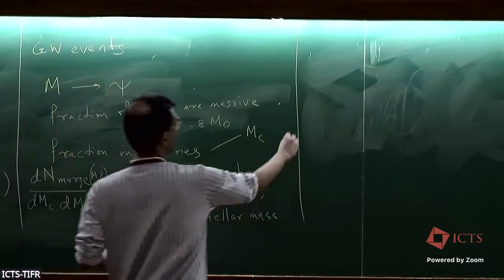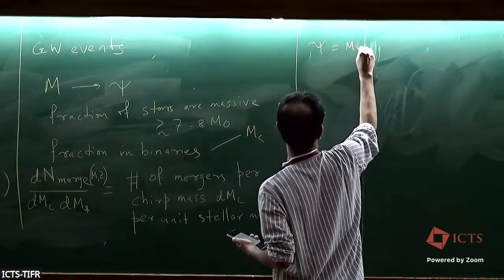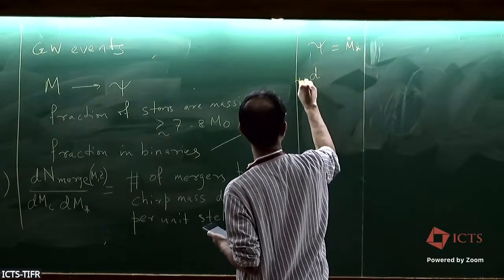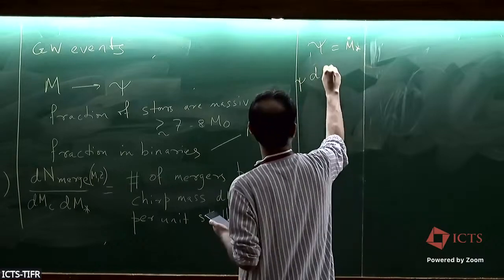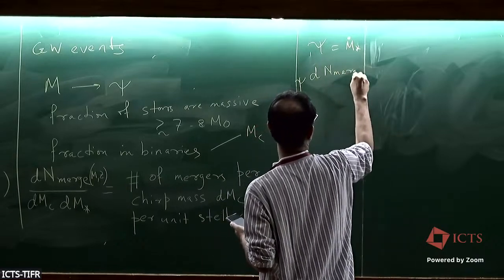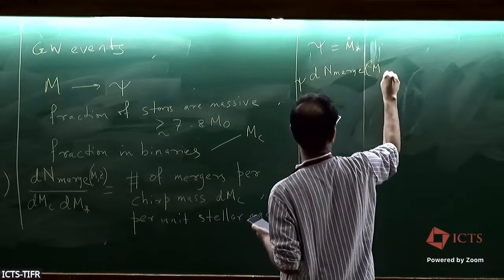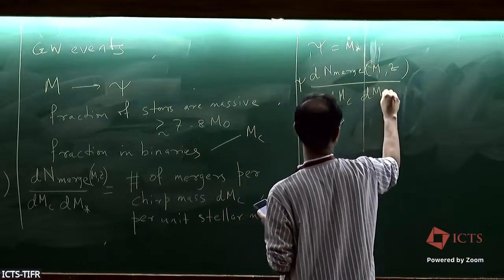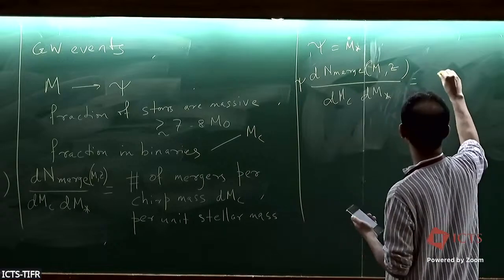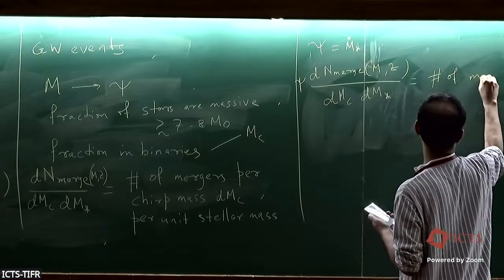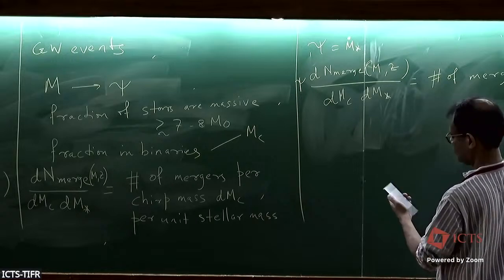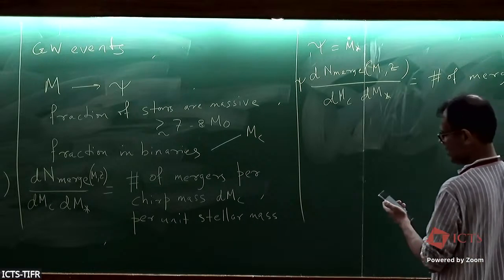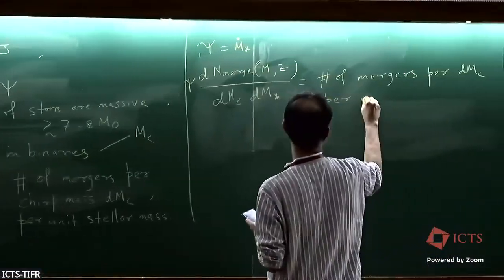Since we had seen psi is m star dot, I can multiply this quantity by psi and say that dN merge (m, z) / dMc dm star is the number of, again, mergers per chirp mass range per unit time.